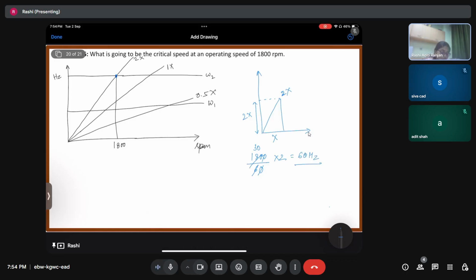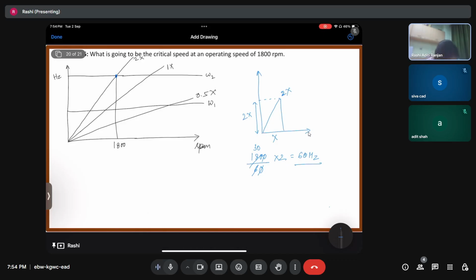Now, if someone asks you that if I increase the frequency from 0 to 1800 RPM, let us suppose, because that is how a system works, we cannot directly switch it to 1800. It basically increases with time. So how many critical points did it actually encounter between 0 and 1800?